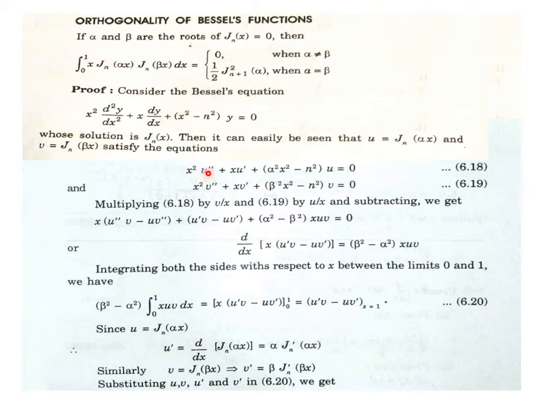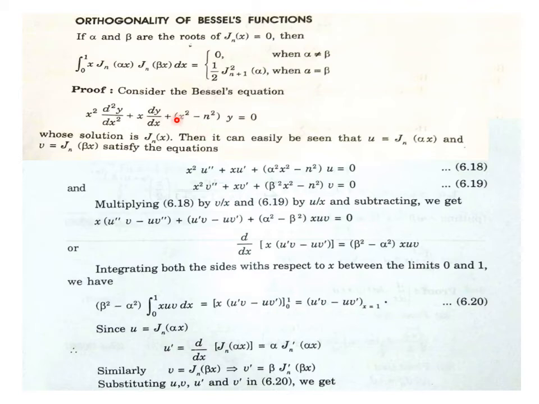That means it will be termed as α² x², meaning (αx) whole square, into Jn''(αx), plus in similar manner you will find plus αx Jn'(αx), plus (α²x² − n²) multiplied with u equals 0.